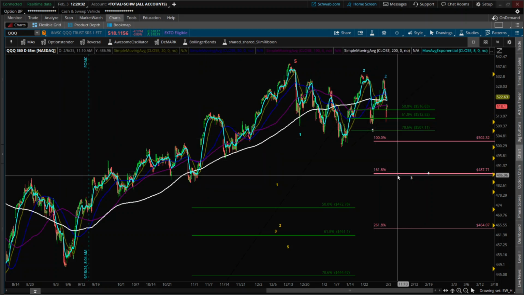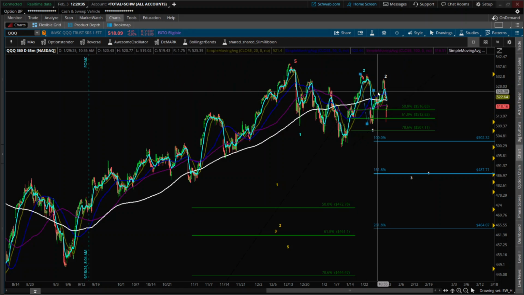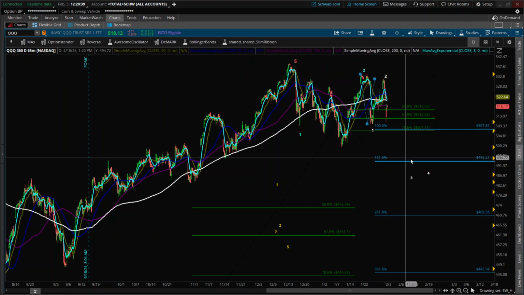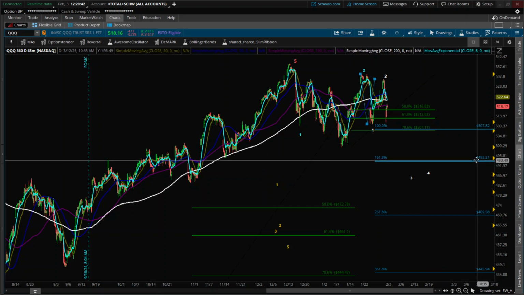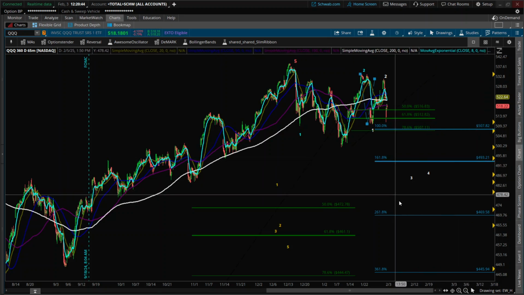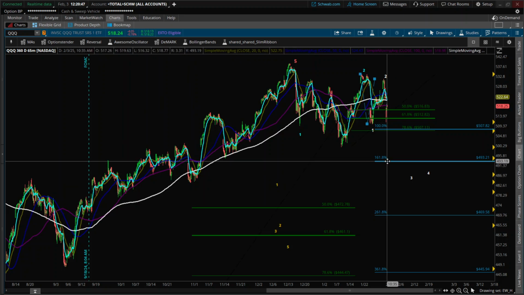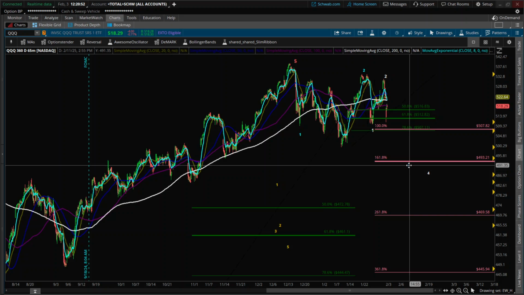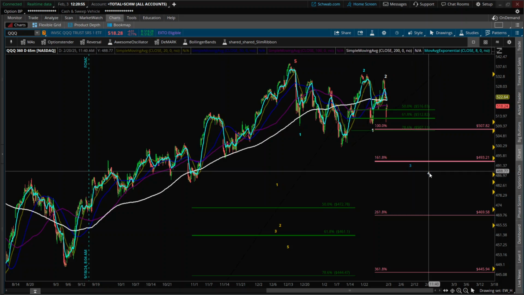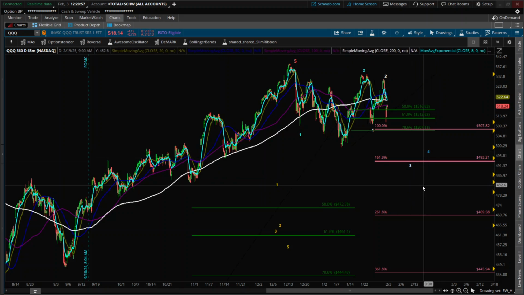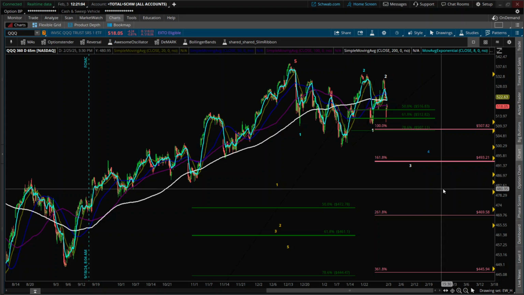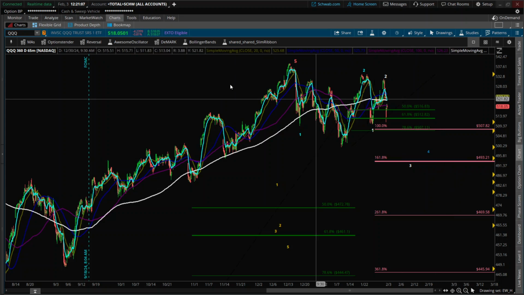And wave 3 is likely to be measured at, got a little steeper there, have to adjust that to about the 493, and it doesn't have to obey that area. Really could come down to the next 262, but most likely we get some sort of bounce at 493, wave 4, and then wave 5 would extend down to our lower targets around 480 or so. Okay, so that's what that would look like.